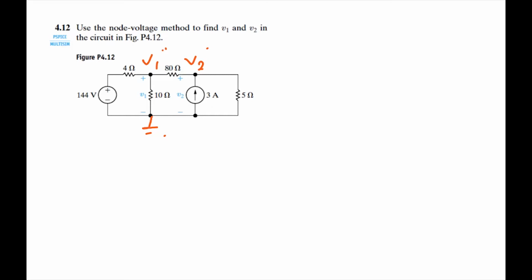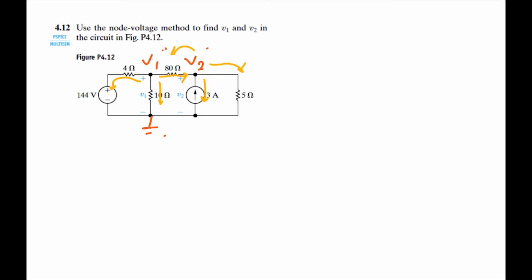What that basically means is that you can visualize the current leaving like this, going there, and from V2 going there, going here, and going down, right? This isn't what's happening in reality. It's almost the complete opposite. But it can help us simplify solving our circuit. So let's go ahead and actually try to solve this.